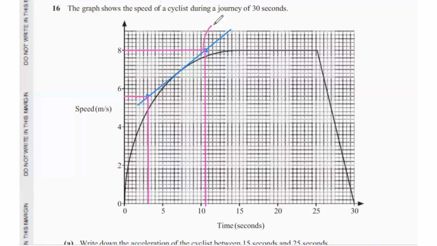So this is 10.05 and 8, because each small square represents 0.5.